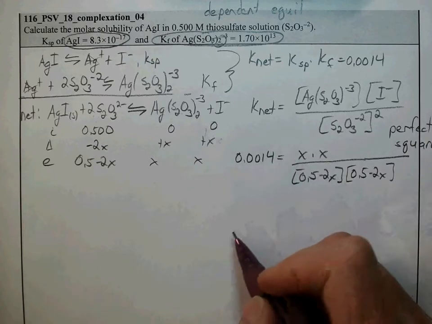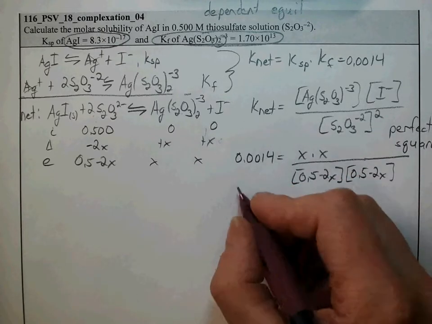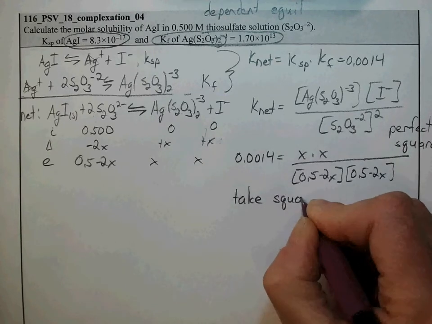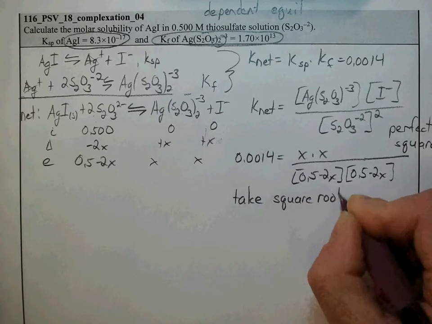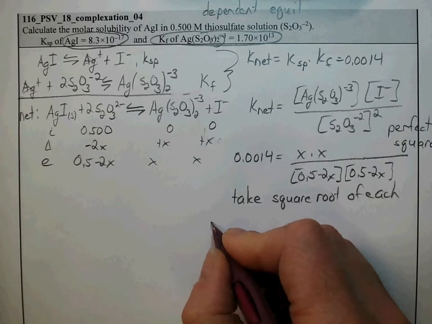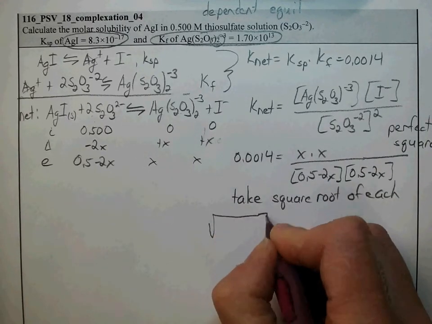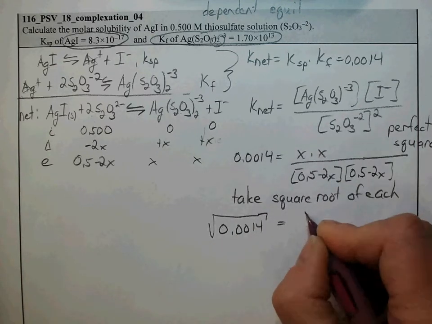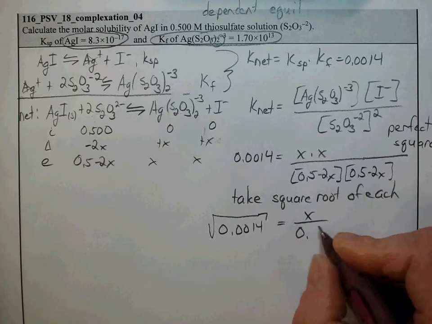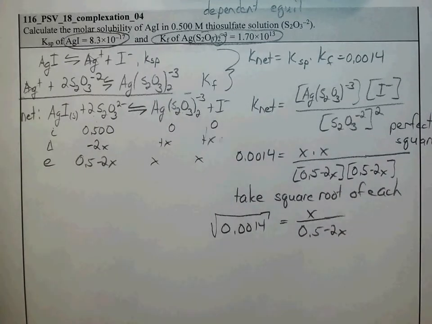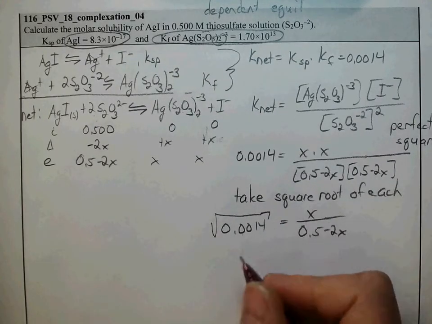Okay, if we take the square root of each side, we would find the square root of 0.0014 is equal to x over 0.5 minus 2x. Cross multiply.